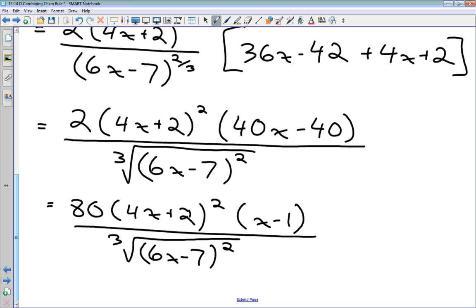So having it in this factor form makes it really easy to solve. I can see here that the roots of this equation are going to be x equals 1 and x equals negative 2, just by looking at it.